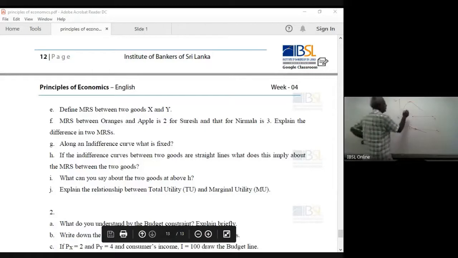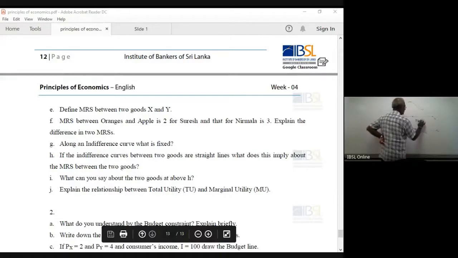When total utility is falling, marginal utility is negative, falling, negative. That is the relationship between total utility and marginal utility. Mathematically speaking, what is that? MU equals change in total utility divided by change in quantity.